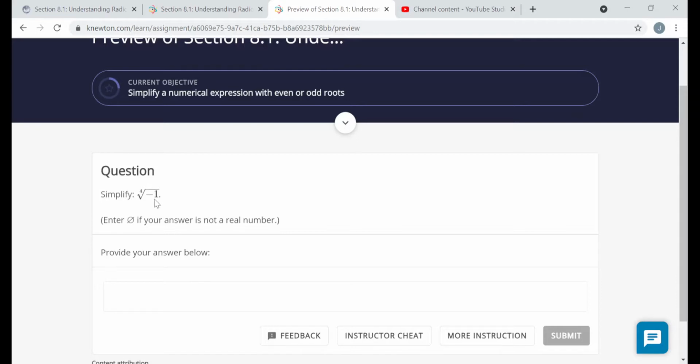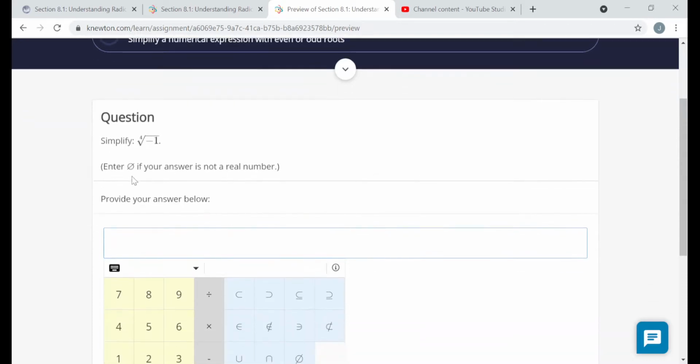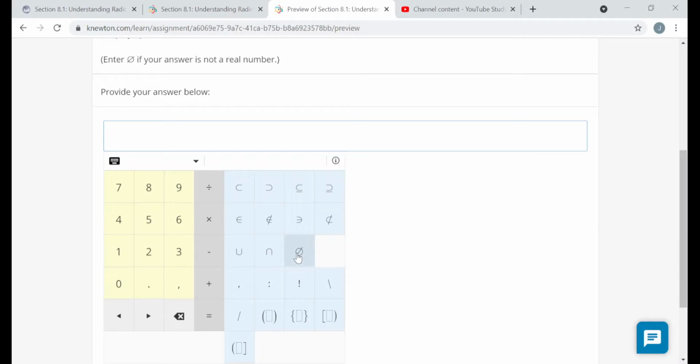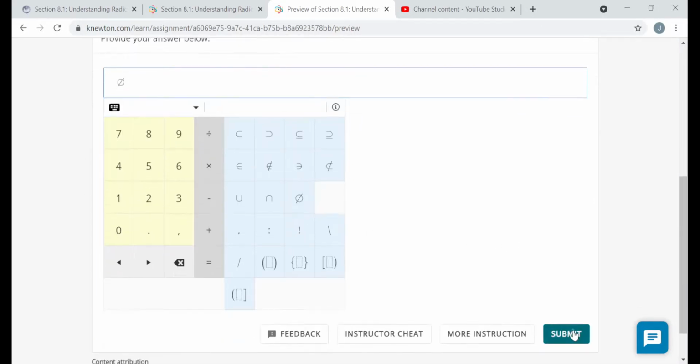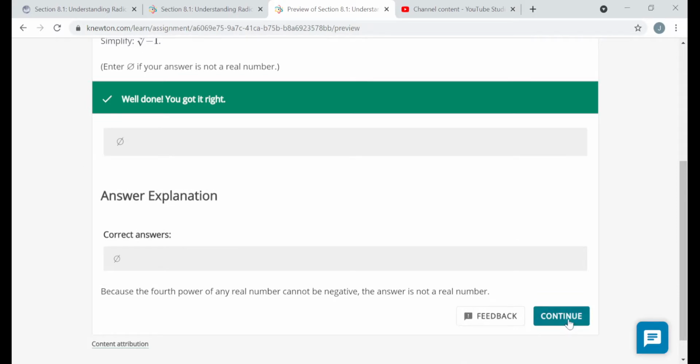If the radicand, the expression inside an even root, is negative, the answer is not a real number. It would be an imaginary number, but I'm not going to tell you what the imaginary number is. We just need to state that it's not real by entering the empty set symbol, this circle with a slash through it. Great. And again, please, once again, read the answer explanations.